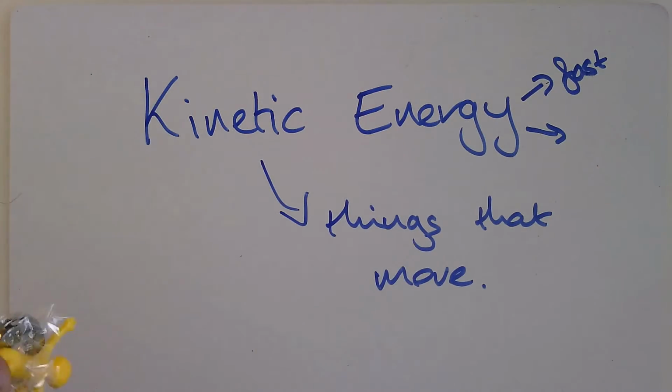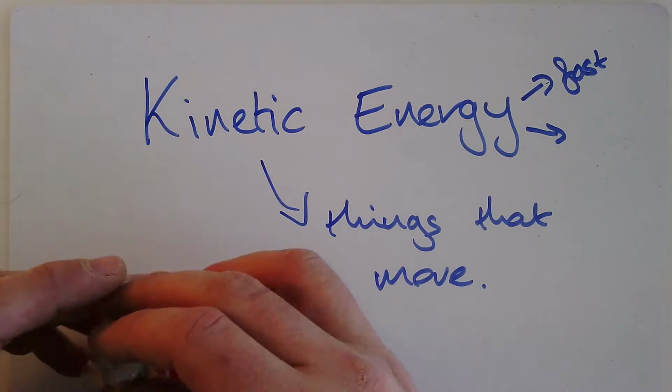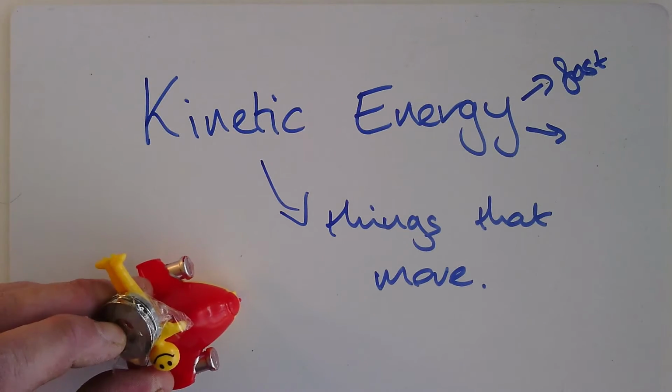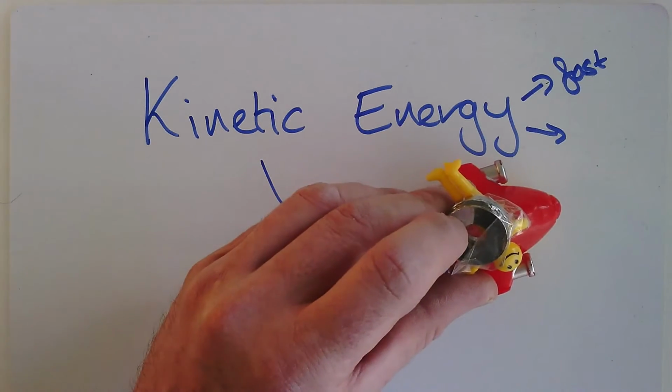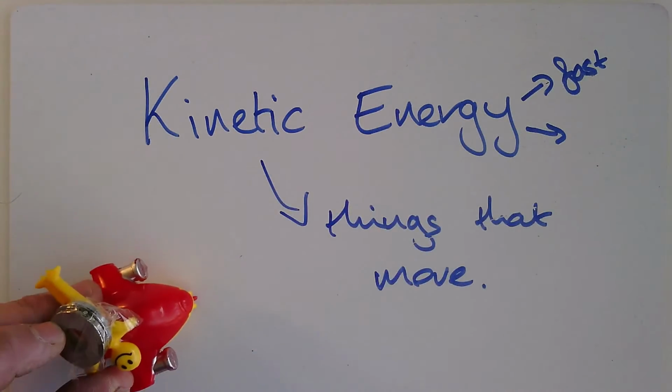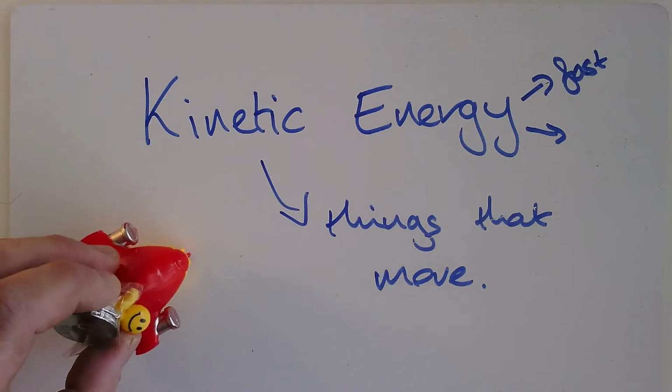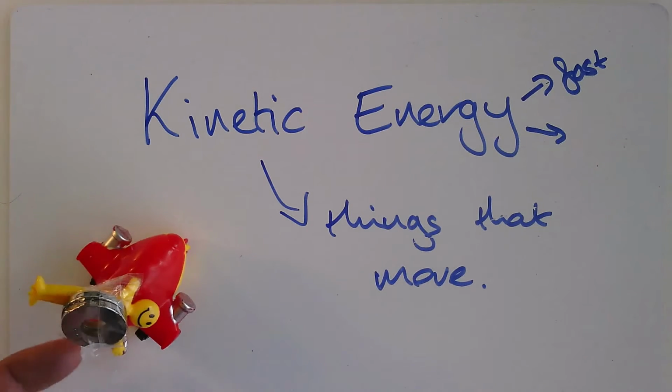So when he's moving, pretend my hand's not there, people, he will have more kinetic energy. Right? So things that are moving faster or things that are heavier have more kinetic energy.